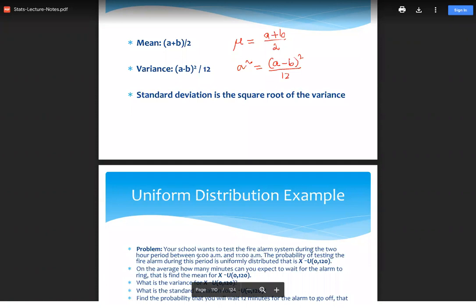And the standard deviation, sigma, is the square root of b minus a whole square divided by 12. Remember, standard deviation is the square root of the variance, and variance is the square of the standard deviation.